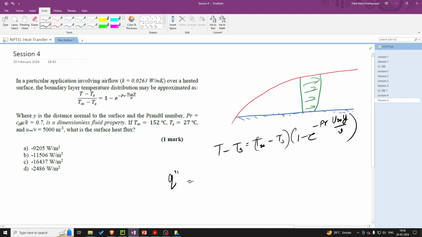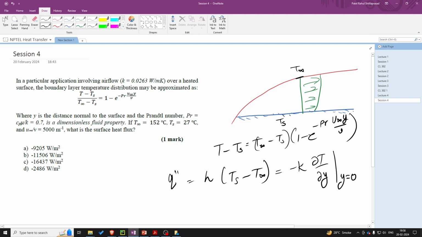If the temperature of the surface is Ts and the ambient air is T infinity, we can write that as heat transfer coefficient times Ts minus T infinity, or due to the conduction it can be minus of k del T by del y at y equal to 0.